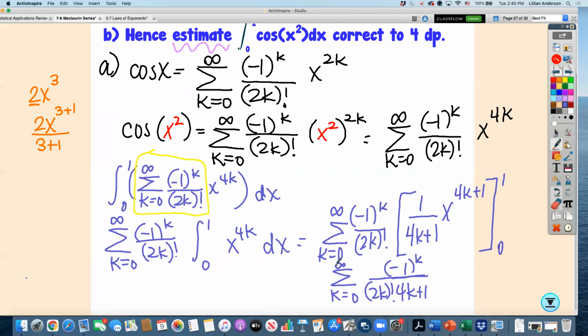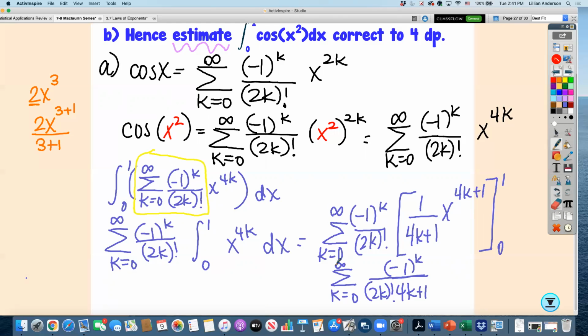And that is what I use to estimate the integral from 0 to 1 of cosine x squared dx to 4 decimal places. I'm going to plug in 0, 1, 2, 3, as many terms as I need so that I can get an accurate estimate to 4 decimal places. What is an accurate estimate?